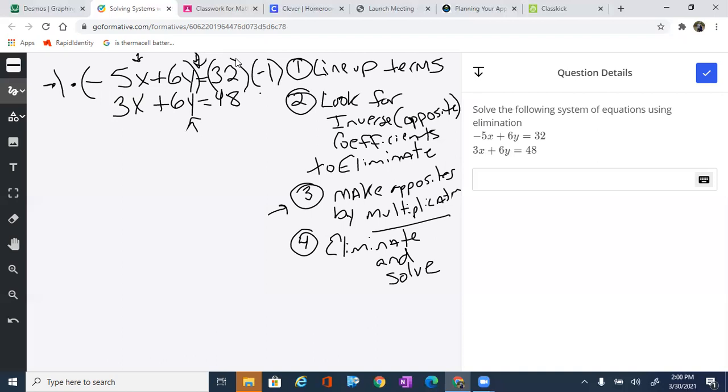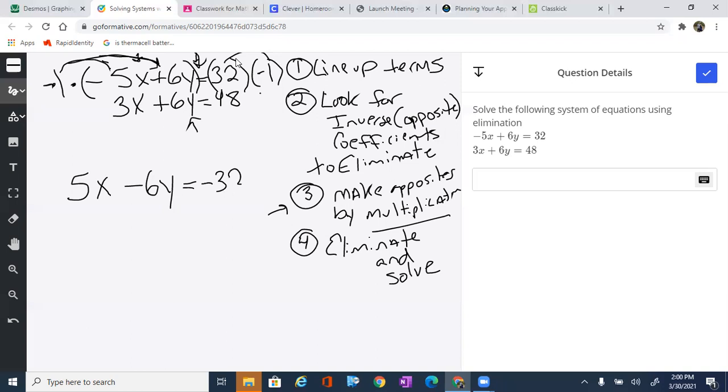So, and you'll notice I put the negative on both sides, and I'm going to distribute it in. So you notice -1 times -5 is positive 5x. -1 times positive 6y is negative 6y. And then we get 32 times -1, which is negative 32.